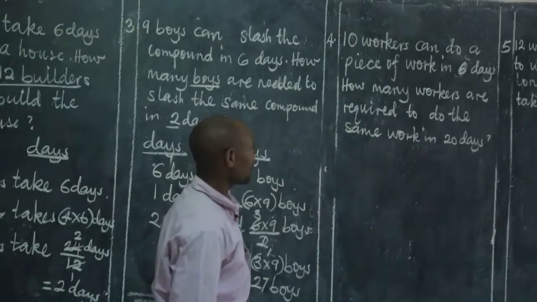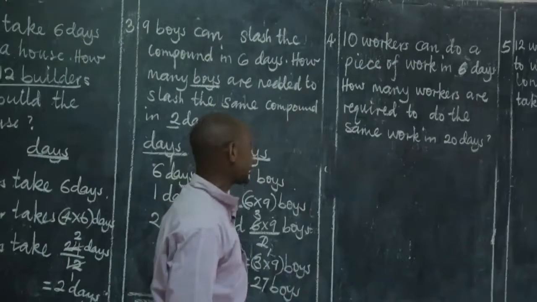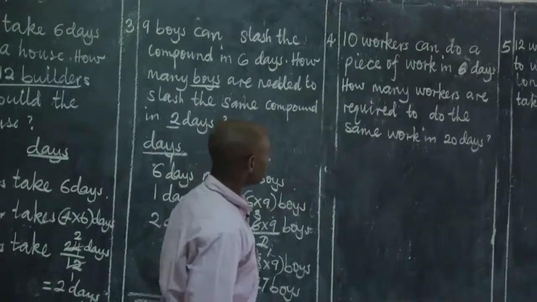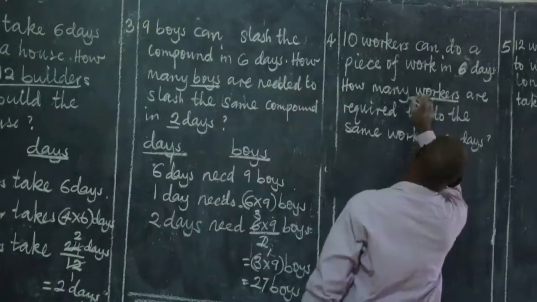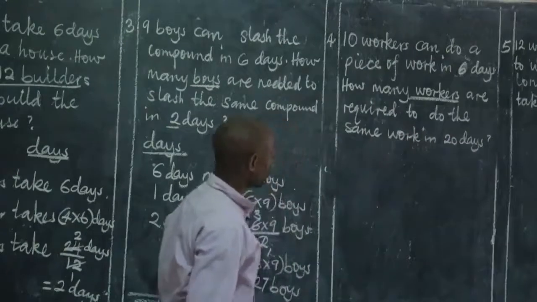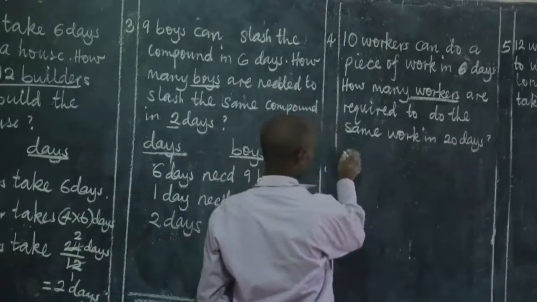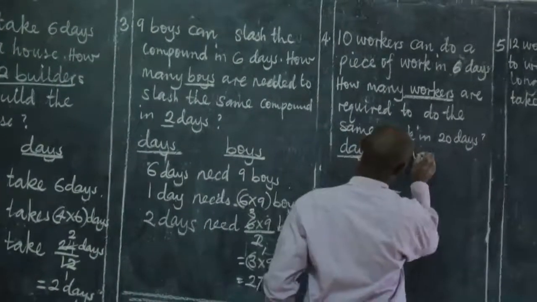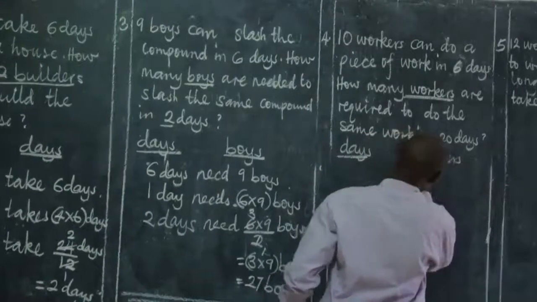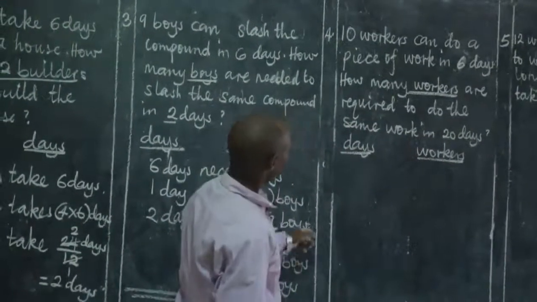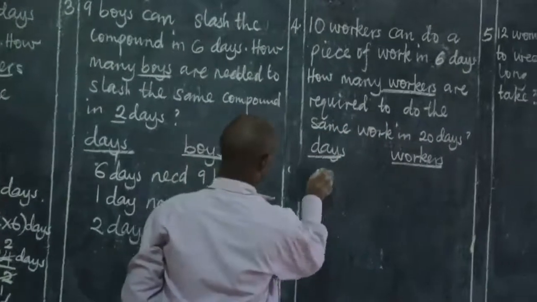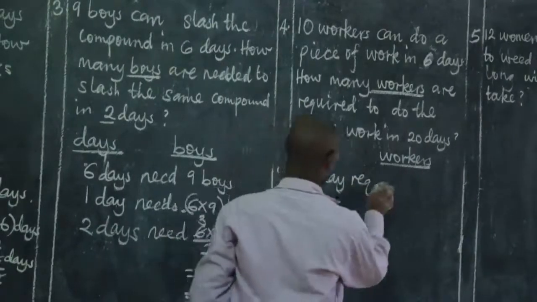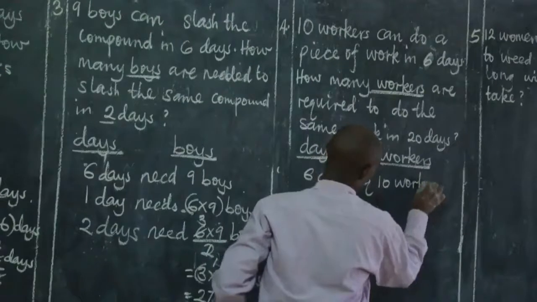How many workers are required to do the same work in 20 days? How many workers? So it means we are looking for the number of workers. So on this side we shall have days. Yes, days. And on this side we shall have workers. Okay? So 6 days require how many workers? There are 10 workers.